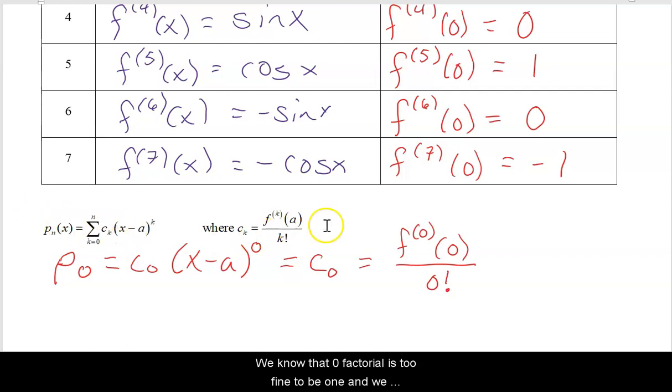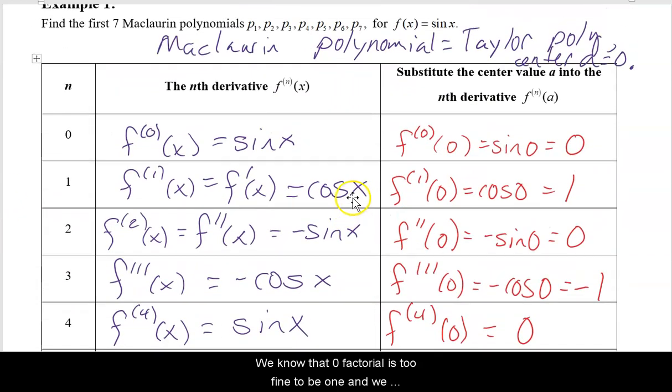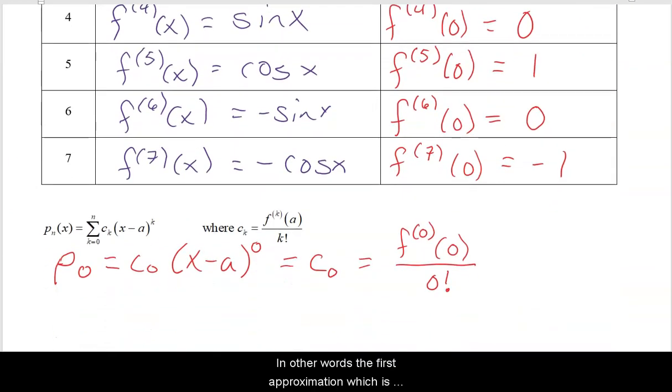We know that 0 factorial is defined to be 1, and we found f of 0 to be 0. In other words, the first approximation, which is actually the 0th one, is the approximation of the horizontal line y equals 0. That is also known as the x-axis.